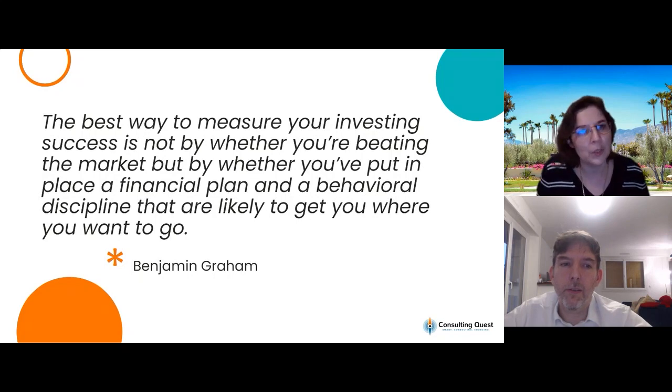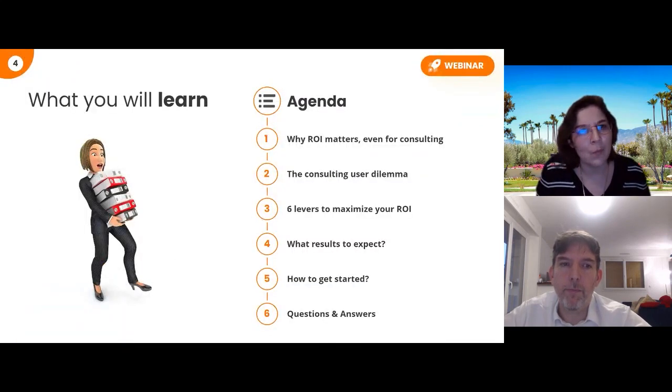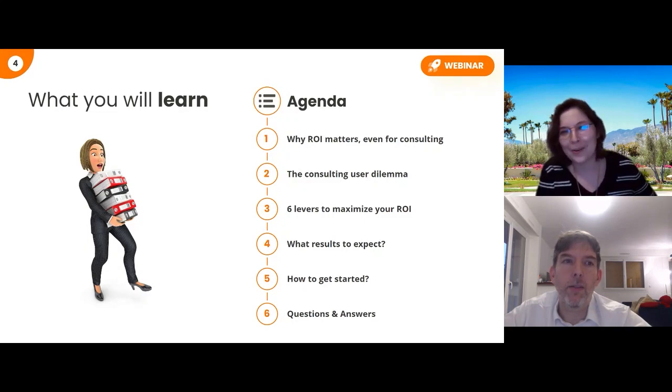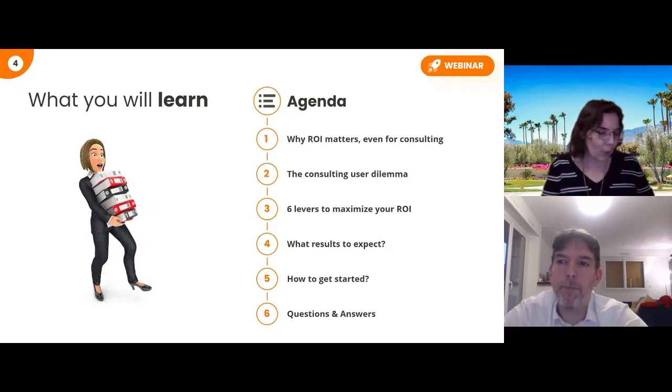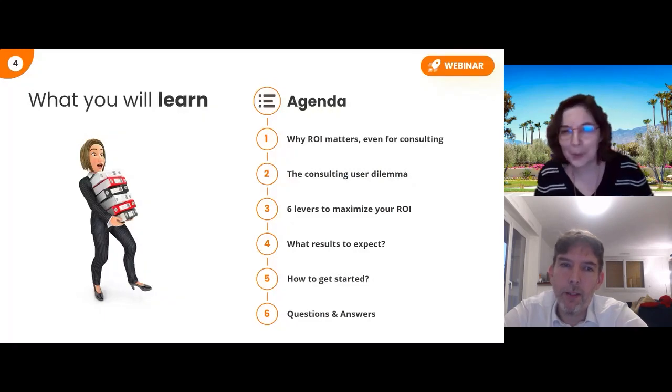I suggest we dive into the core content of the webinar today. We'll talk first about why it's important to optimize the ROI, even for the consulting category. We will also discuss the dilemma in which consulting users are put.